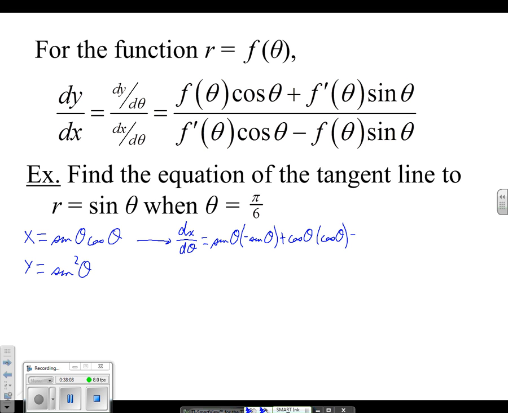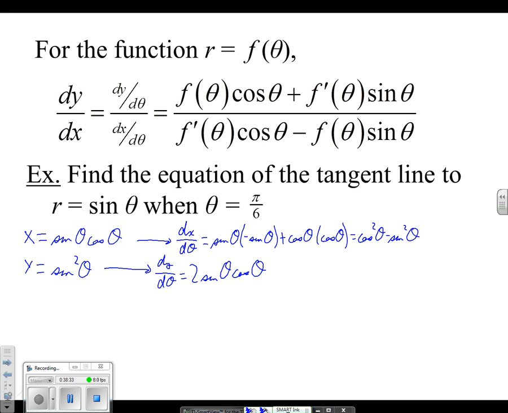And so this would be cosine squared theta minus sine squared theta. For y, it's a little bit quicker. Dy over d theta would be 2 times sine theta times cosine theta. We're using the chain rule, and that doesn't simplify any.